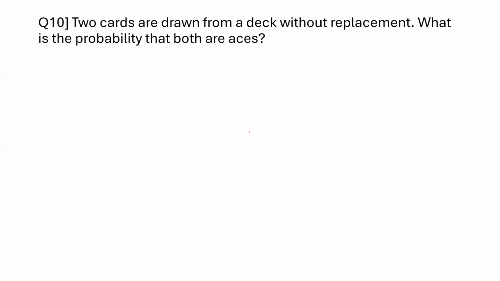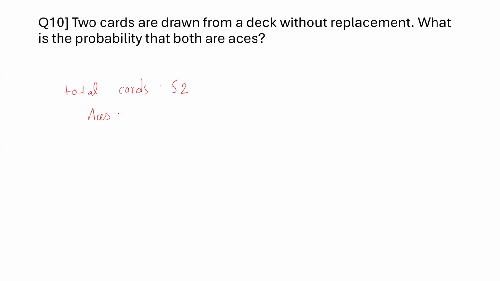Let's look at the next problem. Two cards are drawn from a deck without replacement. Okay, got it? So one card and then the other card, consecutive probabilities. What is the probability that both cards are Aces? Okay, how many Aces are there? Let me start with total cards. You know that. Total cards we have 52.